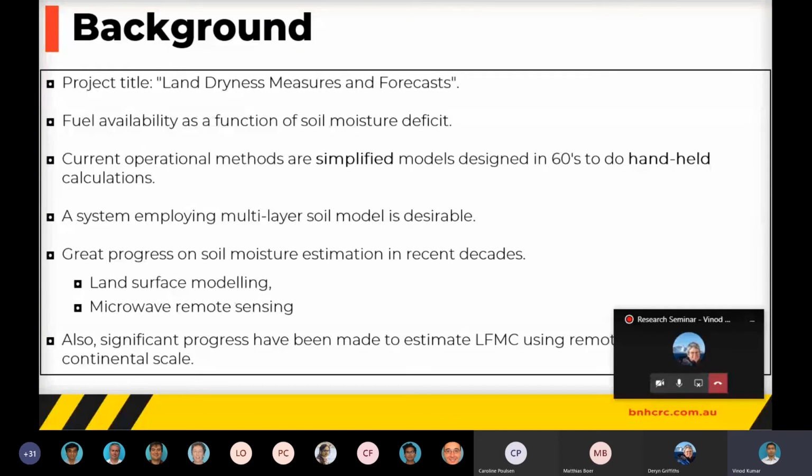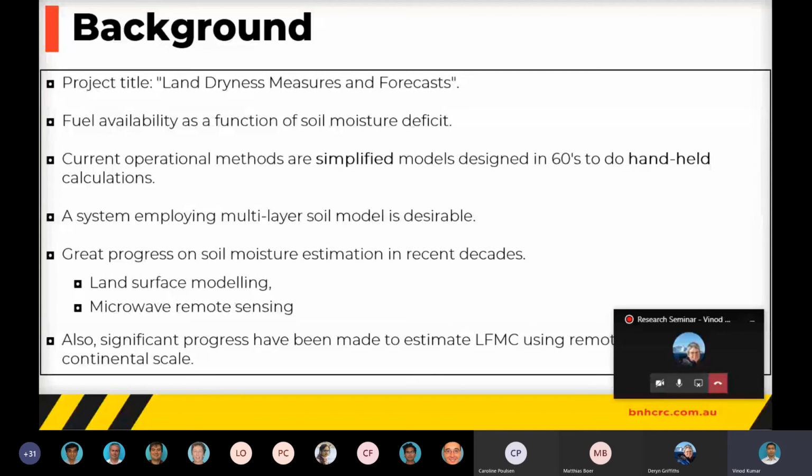Soil moisture deficit is used in FFDI calculations to estimate fuel availability. That term, which is a proxy for fuel availability in FFDI, is called the drought factor. And currently we are using a very simplified water balance model designed in the 60s to do handheld calculations.